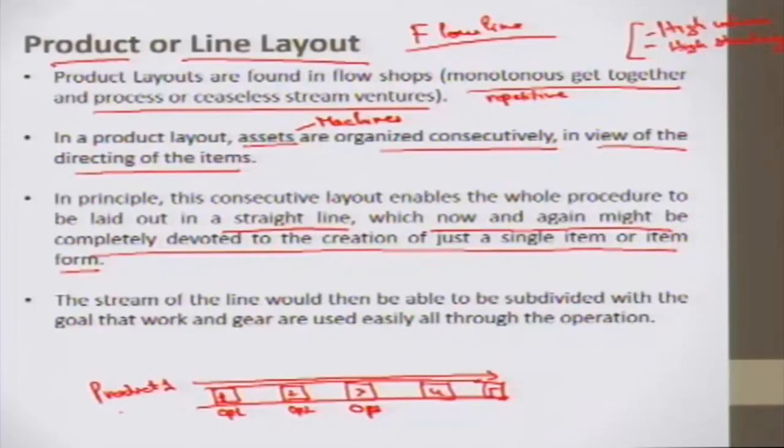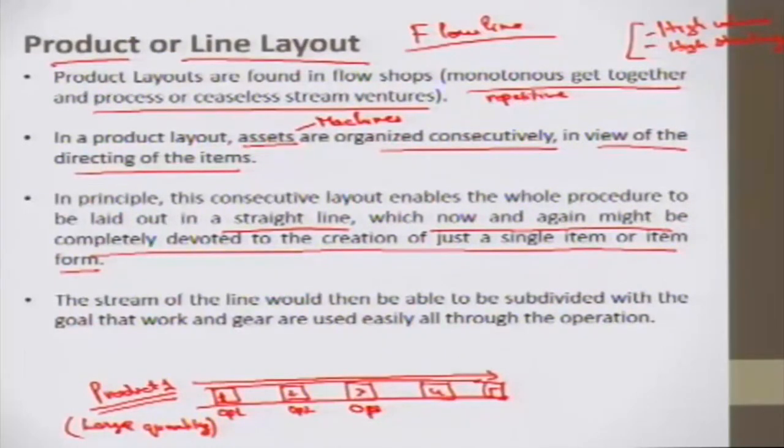But this is good only if mass production is carried out, only if product 1 has a very large quantity to be manufactured, because you see these 5 machines are dedicated to only one product, so it has to be done wisely.